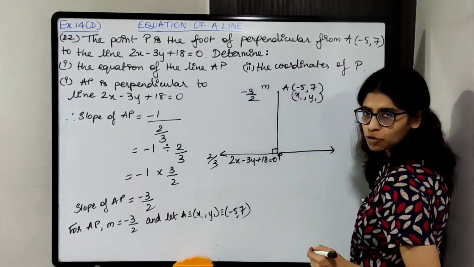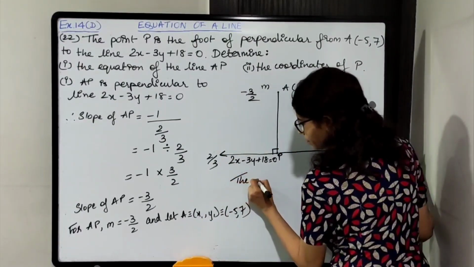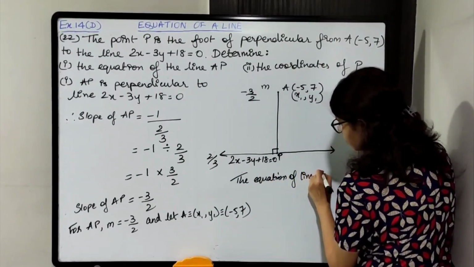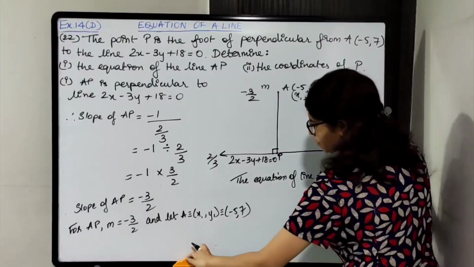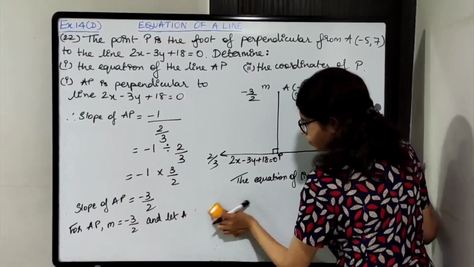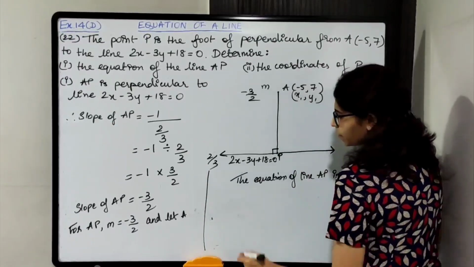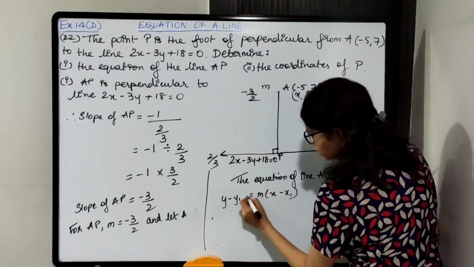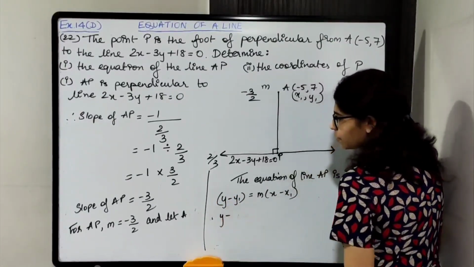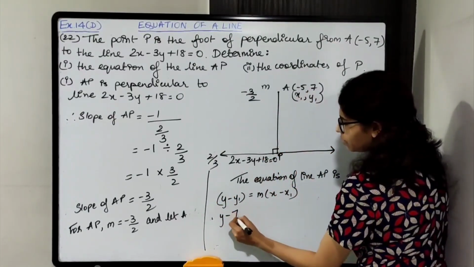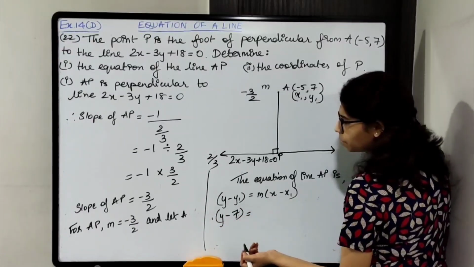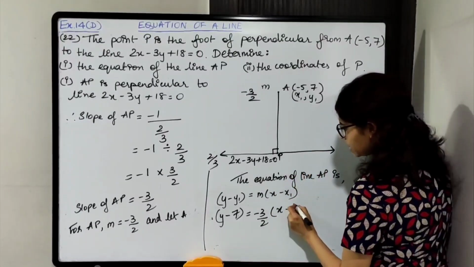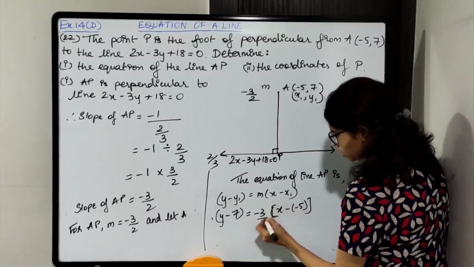So equation of the line is y minus y1 equals to m into x minus x1. y1 is 7, m we just got -3/2, x1 is -5, so put box bracket outside.